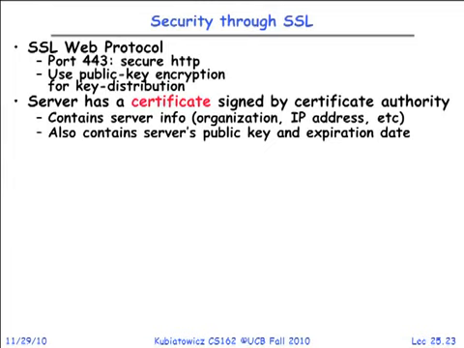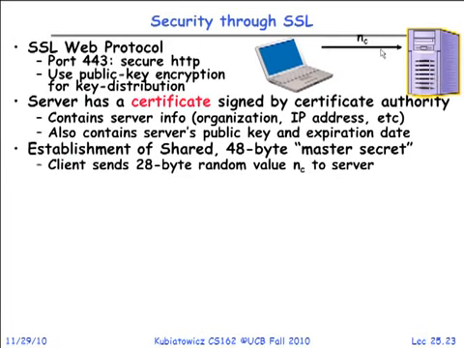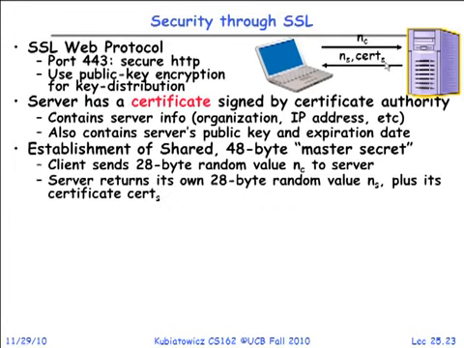And here's how we establish a 48-byte shared key between you, the client, and the server. The first thing is the client sends a 28-byte random value to the server, and that's in the clear. The server sends back a 28-byte random number also in the clear, and its certificate. Now notice the certificate is supposed to be in the clear, because this is the thing proving that its public key is what they say it is.